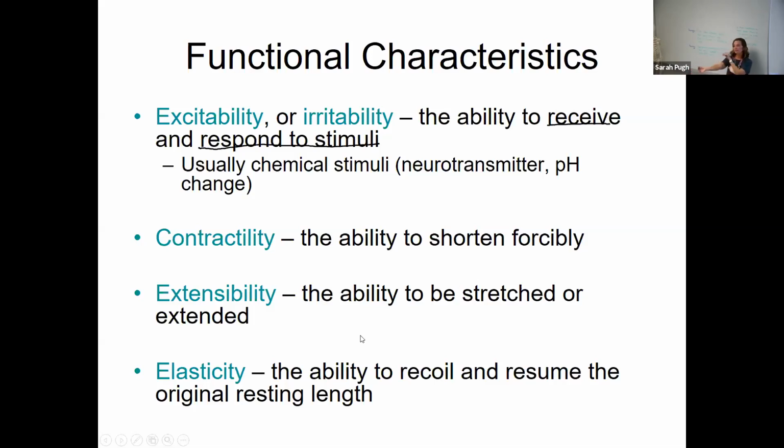And from there, when that impulse gets to the end of the nerve, it releases a chemical into the muscle that tells the muscle to contract. And that chemical is called a neurotransmitter. Okay, so we're going to talk a lot about neurotransmitters a little bit later, we'll talk about these on Wednesday. But neurotransmitters are typically what is causing your muscles to contract.